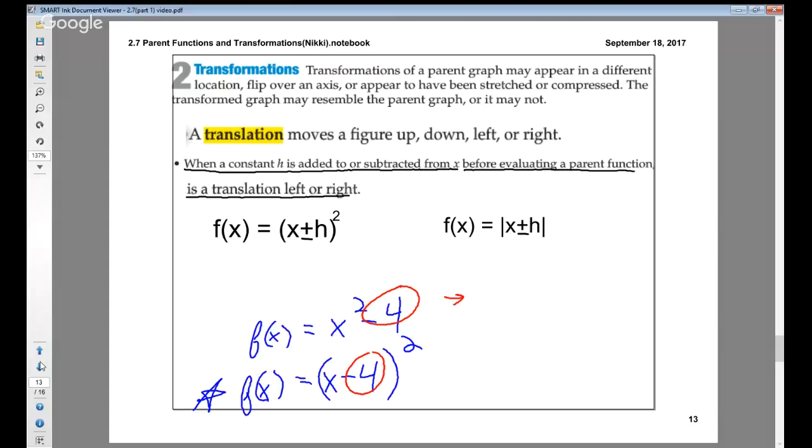So if it's on the outside, that tells you that you're going to move up or down. Or in other words, if your minus 4 is on the outside of your parent function, that's going to tell you if you move up or down. But if it's inside your parentheses or inside your power, that tells you you're going to move left or right.